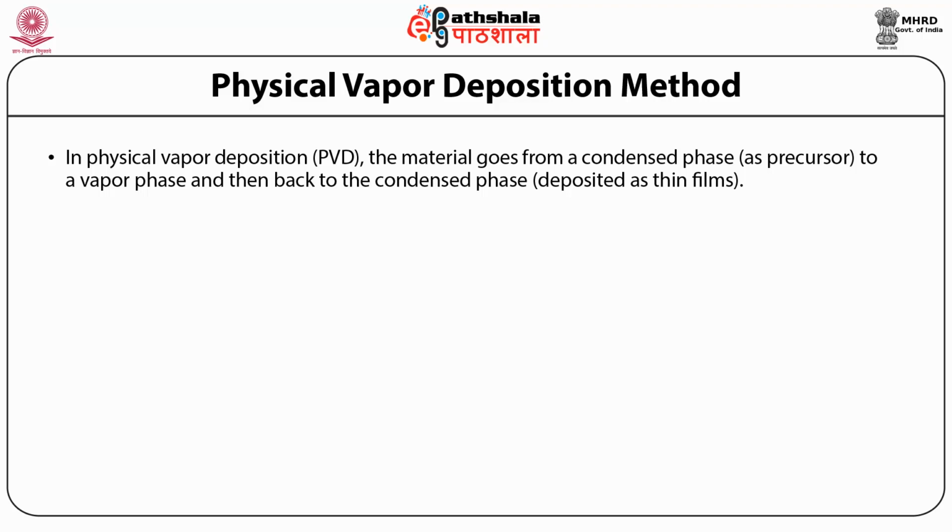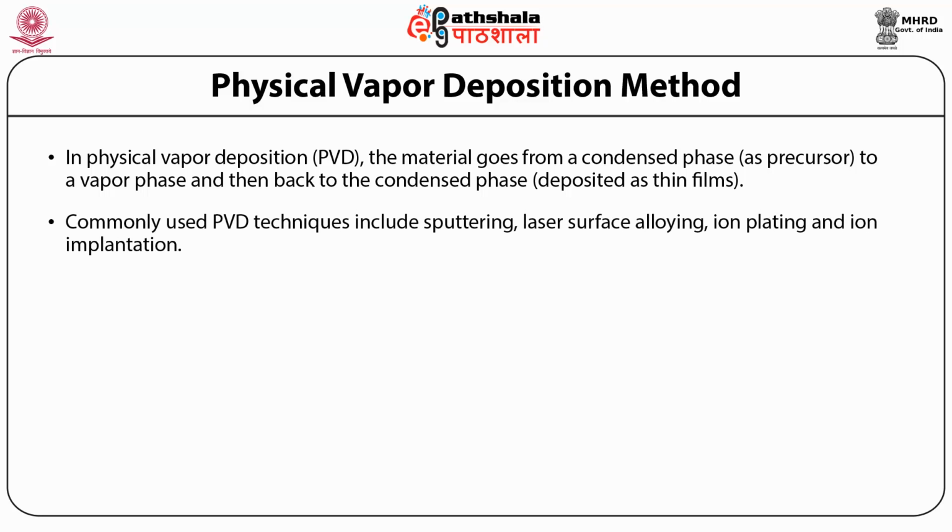In PVD, the material goes from a condensed phase as precursor to a vapor phase and then back to the condensed phase, which is deposited as thin films. Commonly used PVD techniques include sputtering, laser surface alloying, ion plating, and ion implantation.